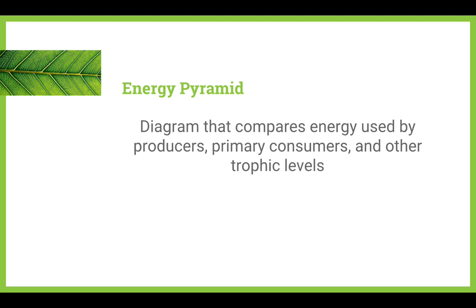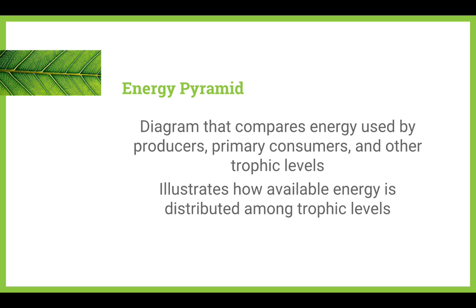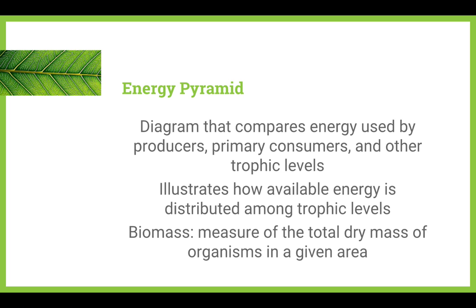All right, an energy pyramid is a diagram that compares energy used by the different trophic levels, so the different levels of a food chain. This helps us to see what kind of energy is available and how it is distributed among the trophic levels, so how each level varies in the amount of energy it has.